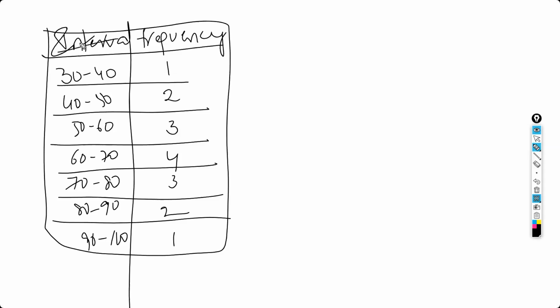Only difference is instead of using the category word, we have to use the interval because it is not an individual value. Point is clear? For continuous variable, what we have to use? Interval. For discrete variable? Individual value, single value. What is this called as? Frequency table.